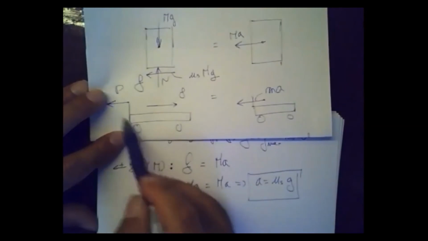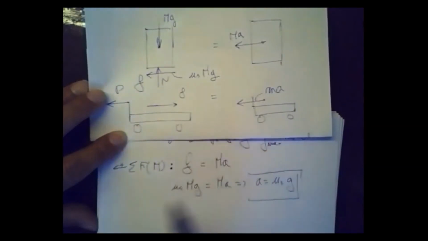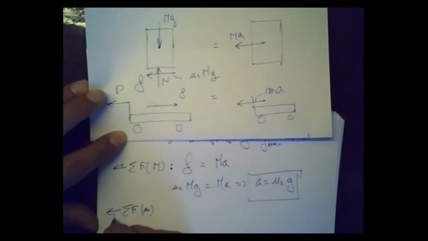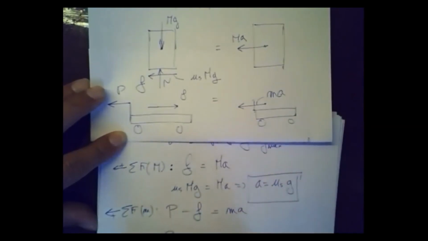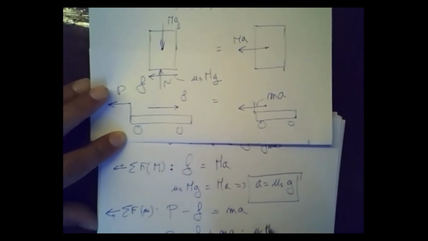To solve for P, you can use the second one. Summing the forces on the smaller mass in the left direction, you end up with P minus F is equal to ma. So P is equal to F plus ma, and I know F is equal to mu s times mg, plus ma, and I know A was equal to mu s times g.